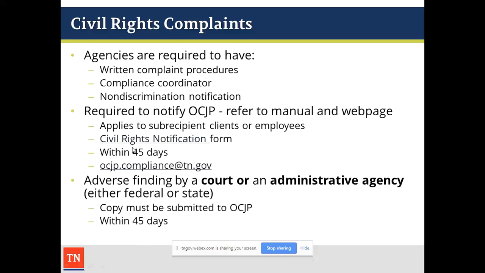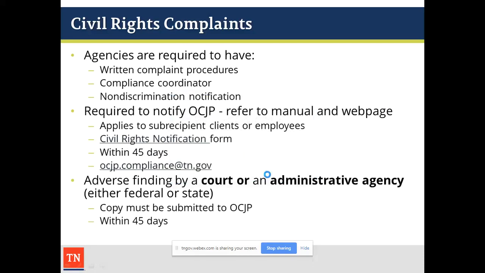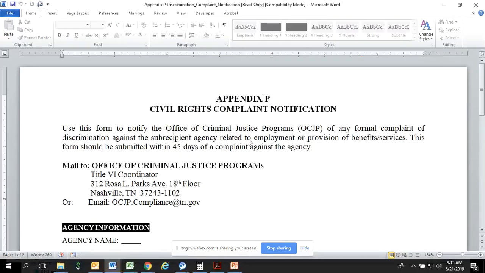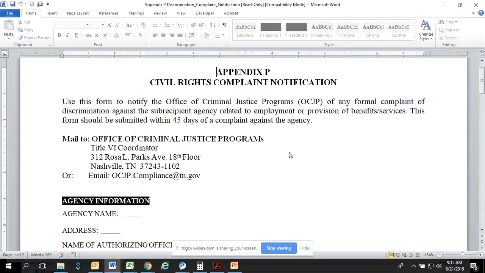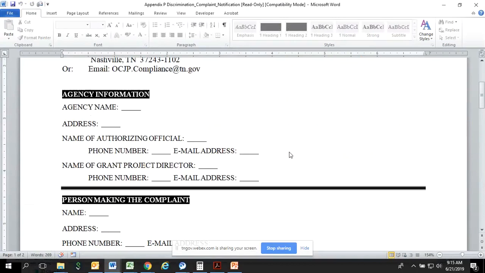You'll use the civil rights notification form, which looks like this. Here's what it looks like, Appendix P, Civil Rights Complaint Notification. This is our OCJP form.